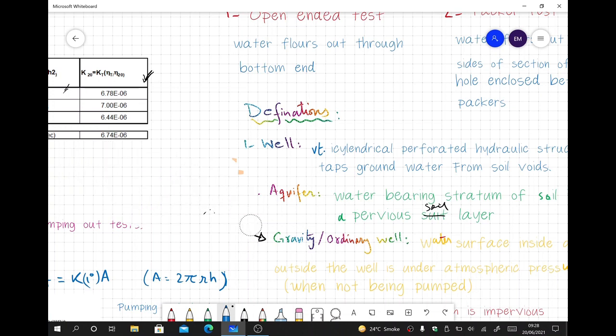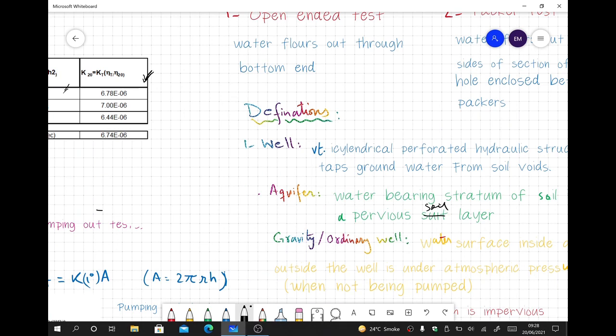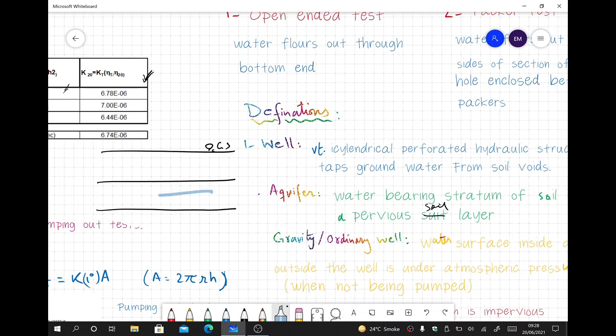On the contrary, if we have a situation here, let me check if this recording is happening. Yep, it is happening. So this is the ground surface, and this here is all sandy soil that is filled with water.